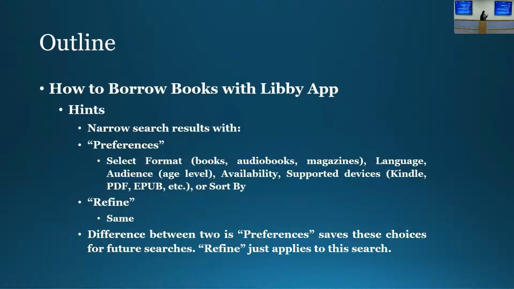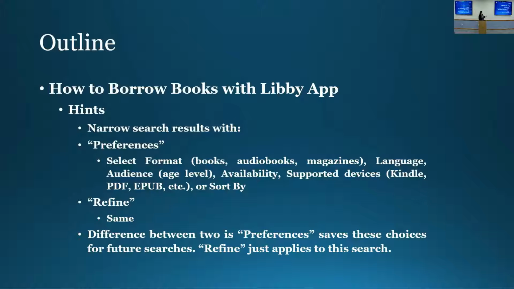Supported devices, if you only want to read with your Kindle or the OverDrive app. And then you can sort by the date, I suppose. And then refine your search is exactly the same.